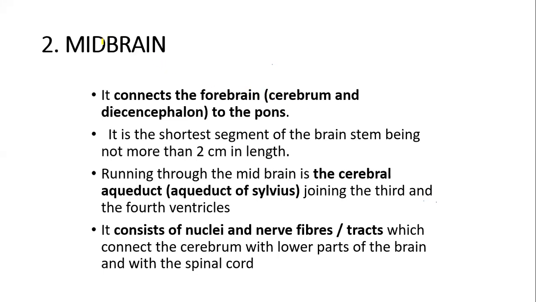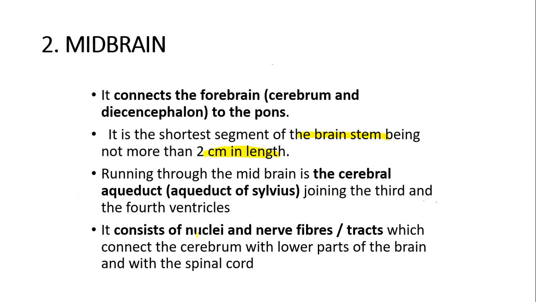By the word mid, it means middle. So it is in the middle between the forebrain and the hindbrain. It is the shortest segment of the brainstem, not more than 2 centimeters in length. Running through the midbrain is the cerebral aqueduct, joining the third and the fourth ventricles.